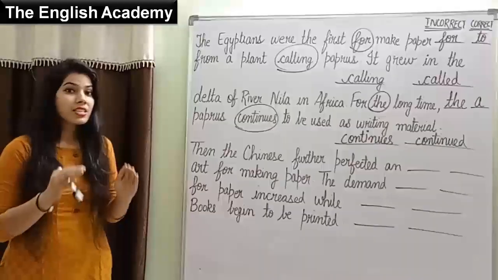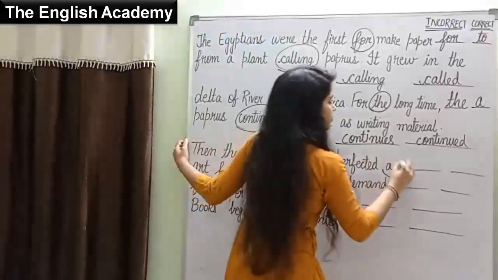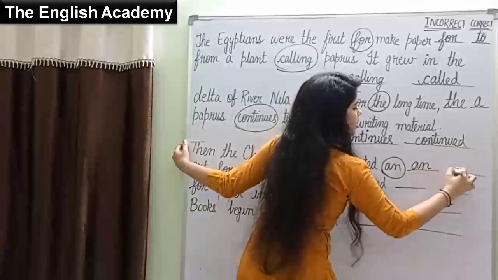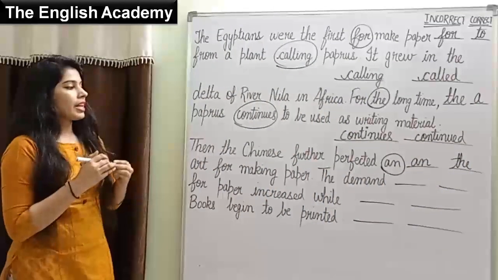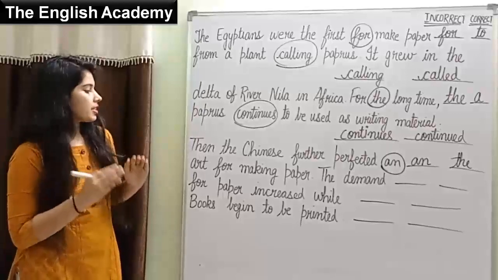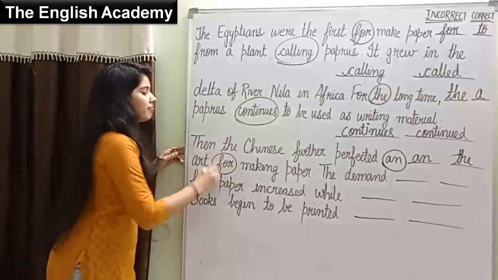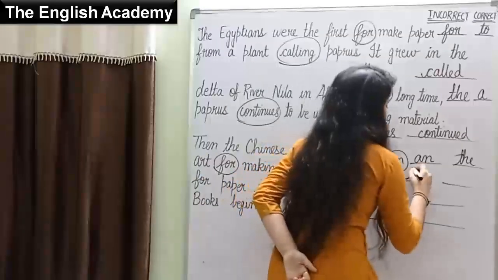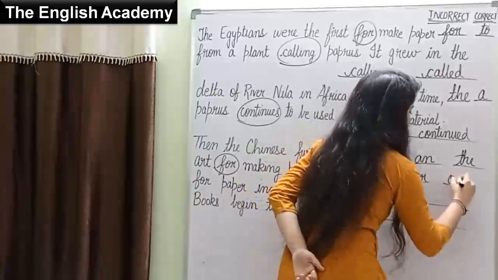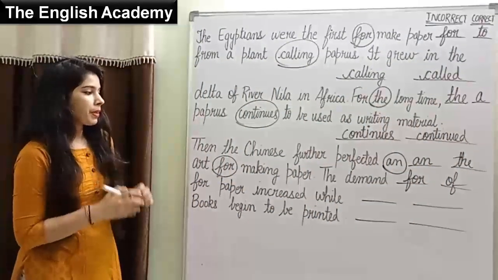No. Art is not countable. तो हम an लगा ही नहीं सकते. Correct answer is the. Then the Chinese further perfected the art for making paper. Again, perfected the art of making paper. Perfected an art of making paper.